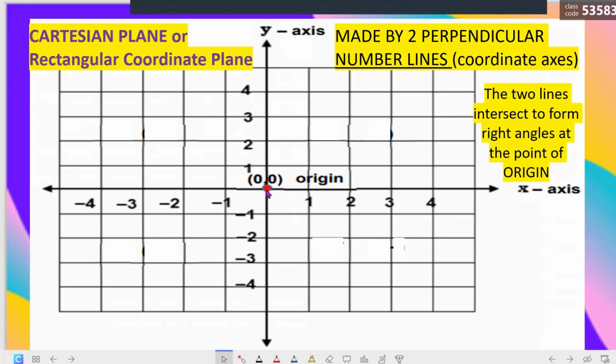So they meet at this point, and we call it the origin. And they form right angles. So the angle formed here, and in this corner, and over here, and this corner as well, are all right angles. We call them perpendicular lines because they form right angles at their point of intersection.